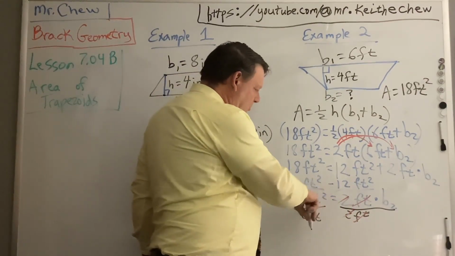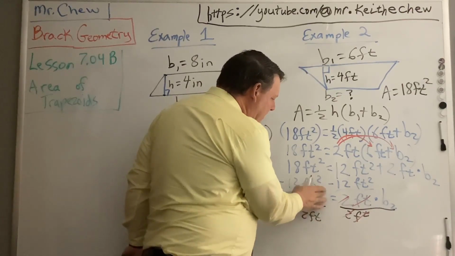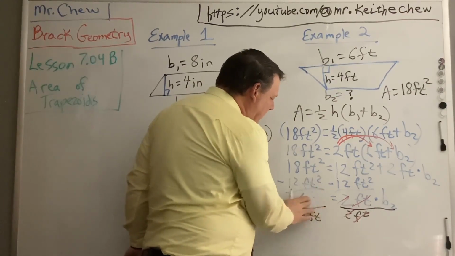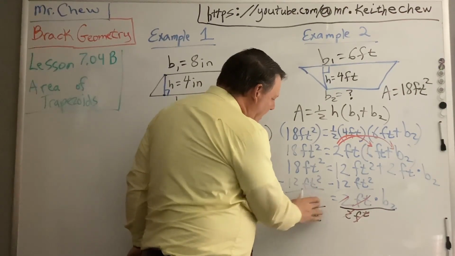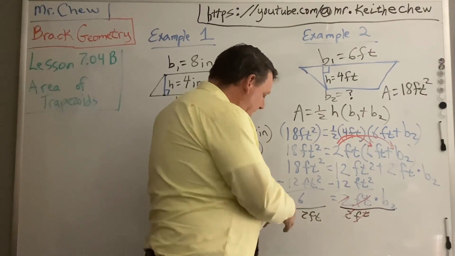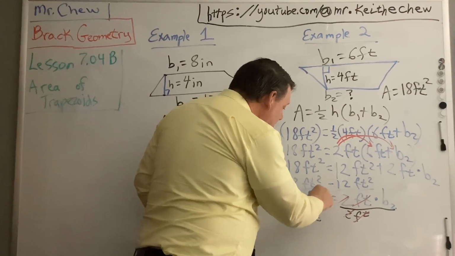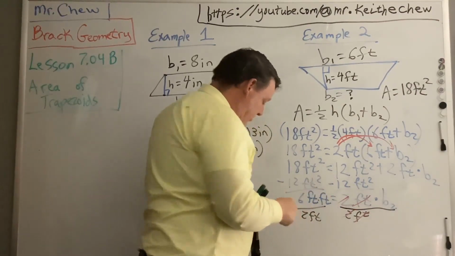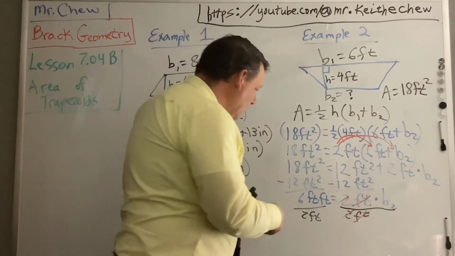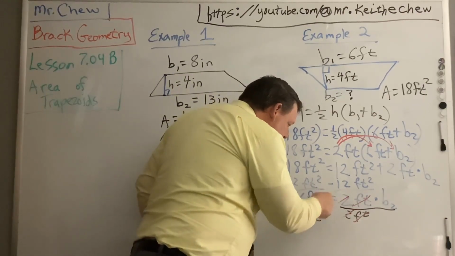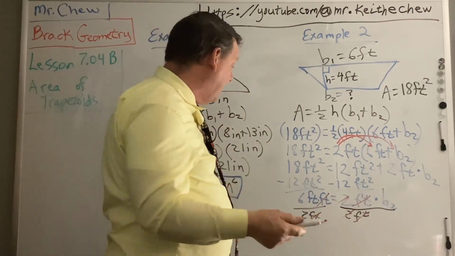So this feet squared can be written as feet times feet. It's just an easier way to write feet squared so that it makes sense whenever we do our simplification, because the teachers would say that cancels, but it's really a common factor.